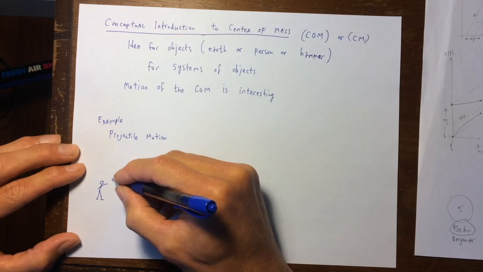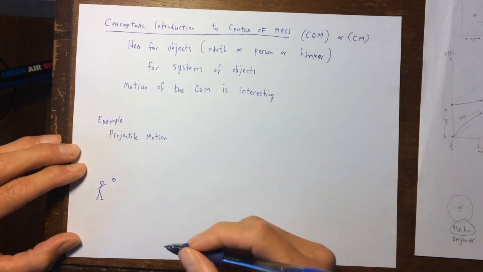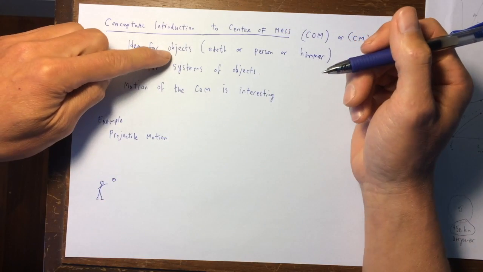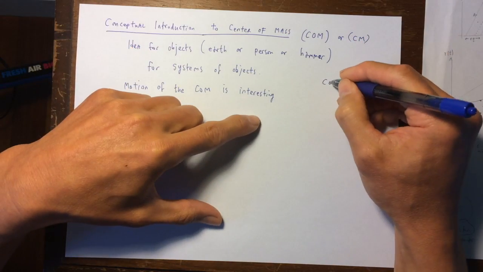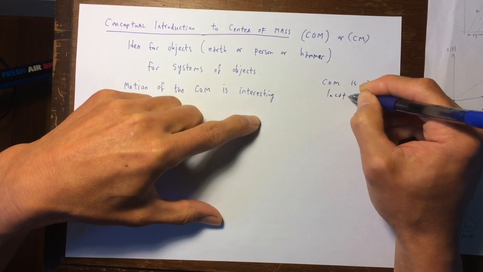The center of mass of a nice spherical little rock is right in the middle of it. The center of mass is a position or a place. So center of mass is a location.